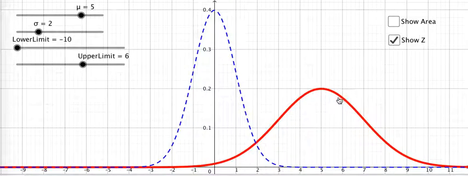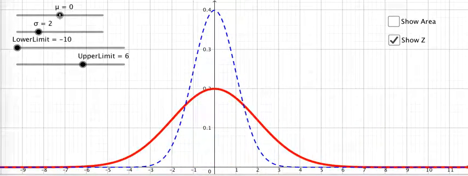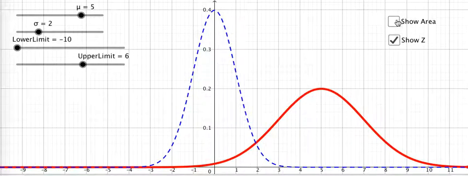Well, the first thing I need to do is change the mean from being 5 to having a mean of 0. So that means subtracting 5 from each of the X values. So if I subtract 5, then I'll end up moving to over here. And what you can see is that would have changed, if we go back to what I had before, I was looking at a value of X as being 6.